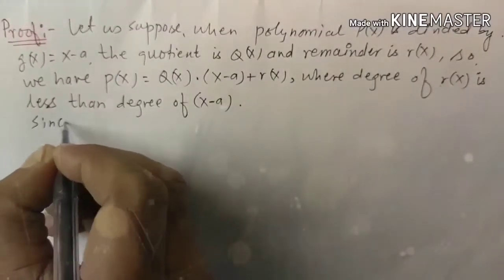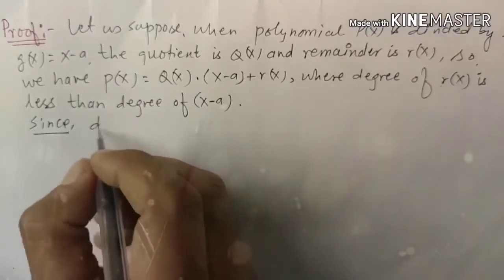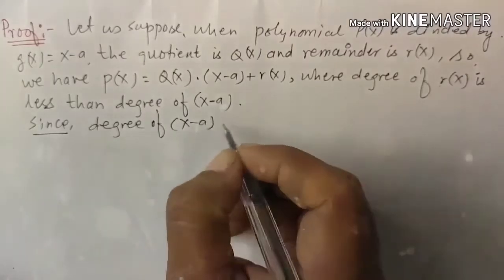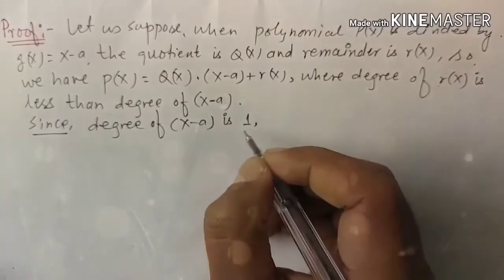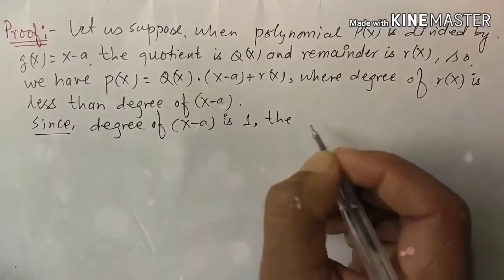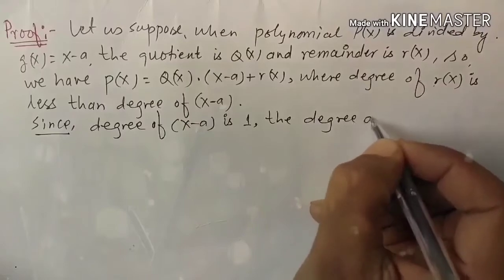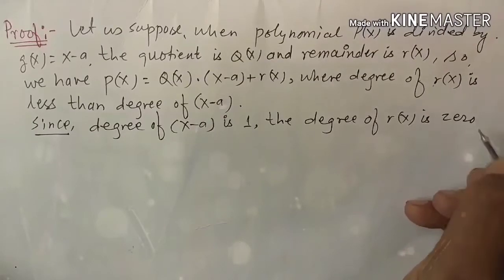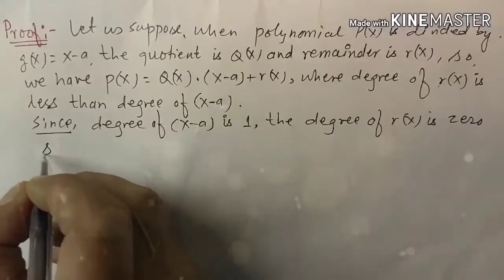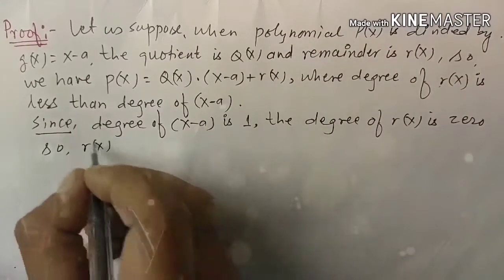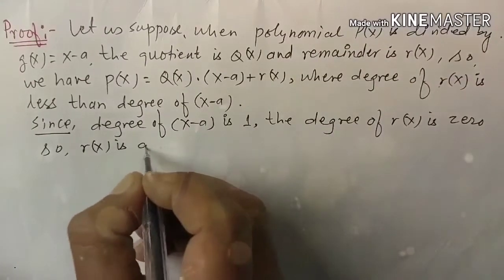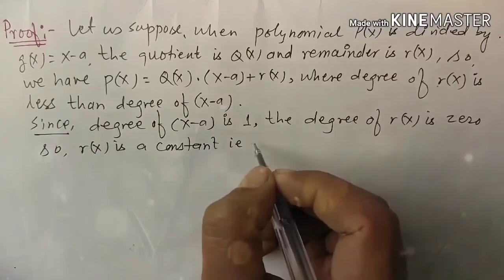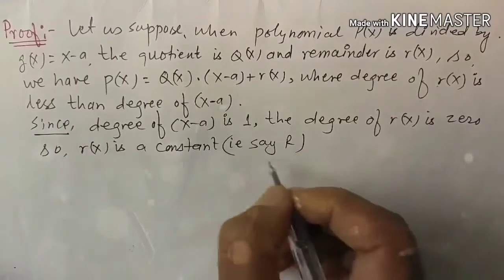Since degree of x minus a is 1, the degree of r(x) is 0. So r(x) is a constant, that is, say r.